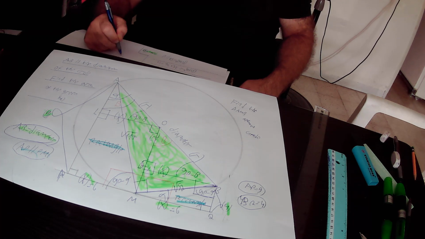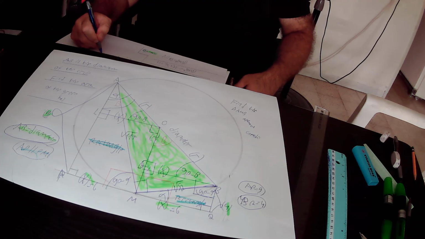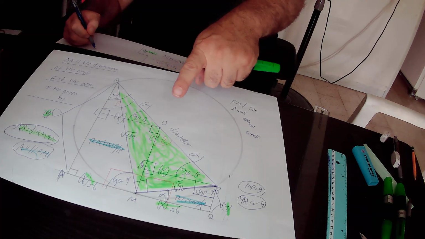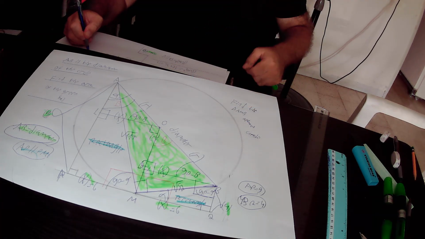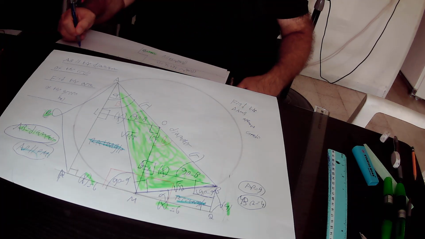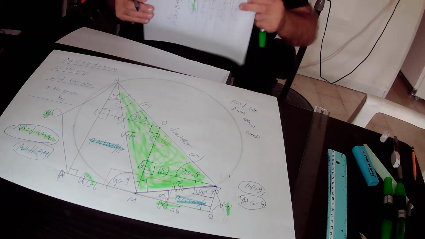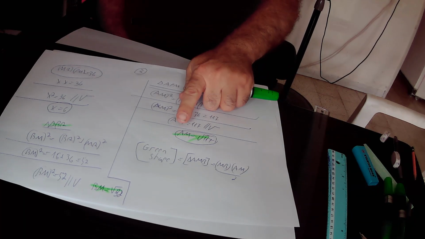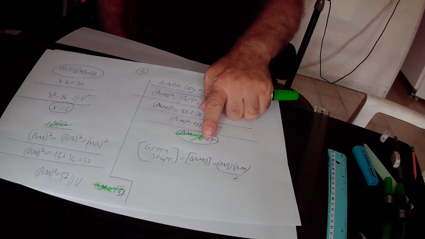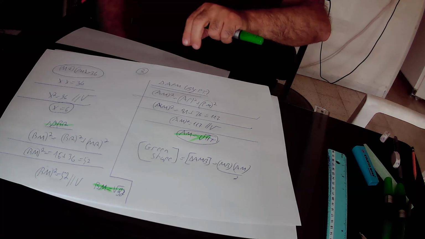is equal to the area of this green right triangle ABM, and the area of this green right triangle ABM equals the base MB times the height AM over 2. Okay, again, the area of the green shape is the area of the right green triangle ABM, and the area of the right green triangle ABM equals the base MB times the height AM over 2.